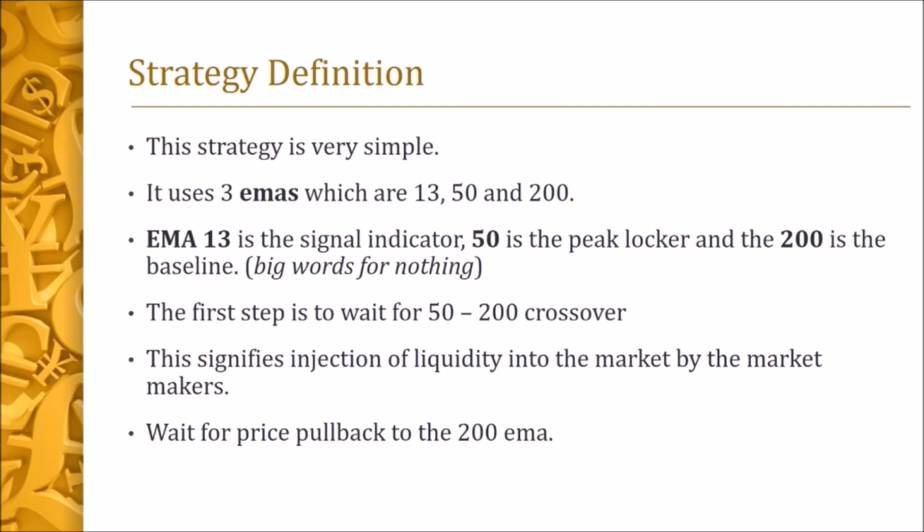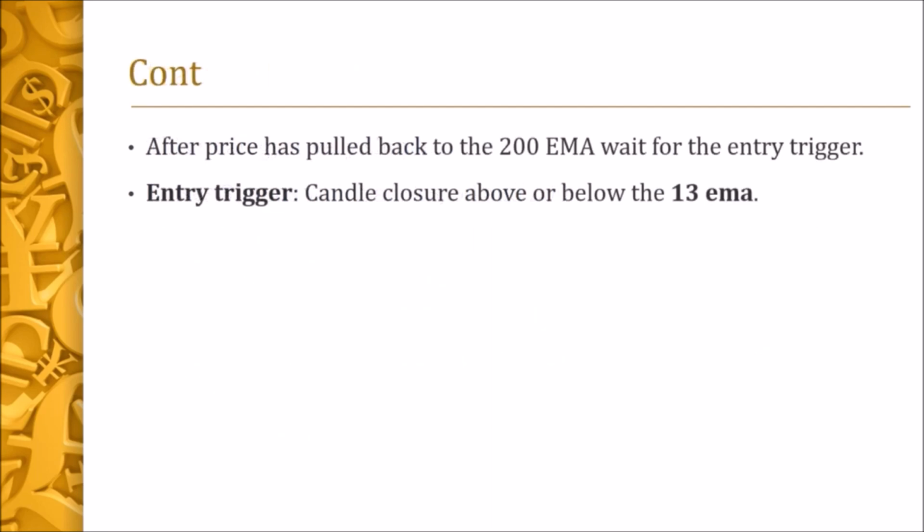The next step is to wait for price to pull back to the 200 EMA. After price has pulled back to the 200 EMA, wait for the entry trigger. And what is the entry trigger? The entry trigger is simply a candle closure above or below the 13 EMA. Don't worry, we are going to give examples of what we are explaining here.